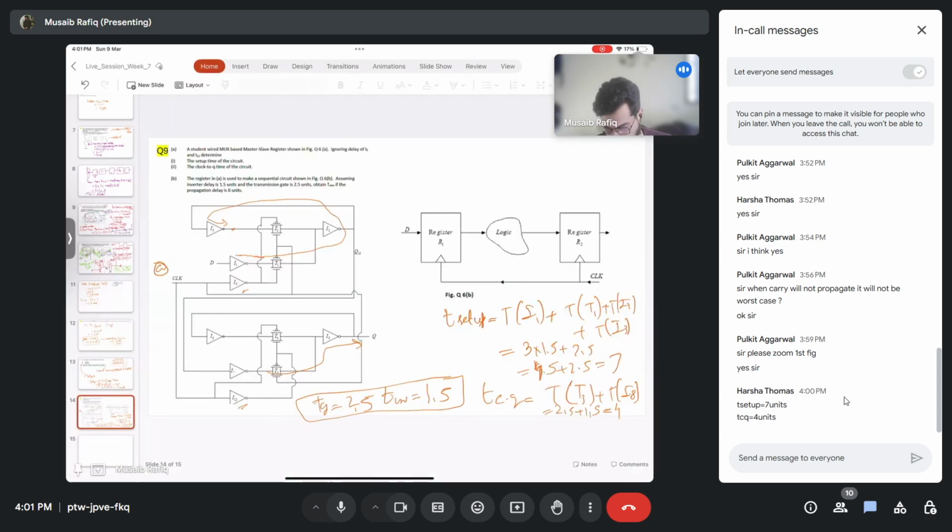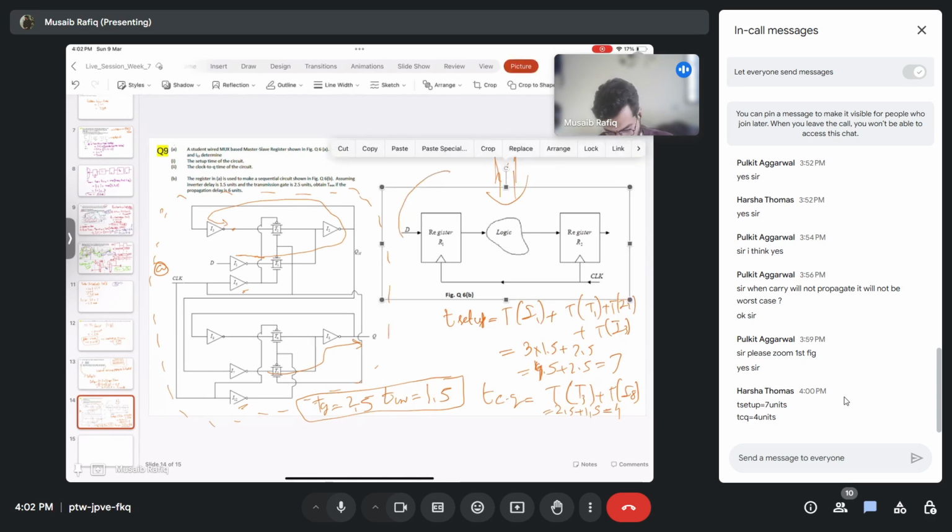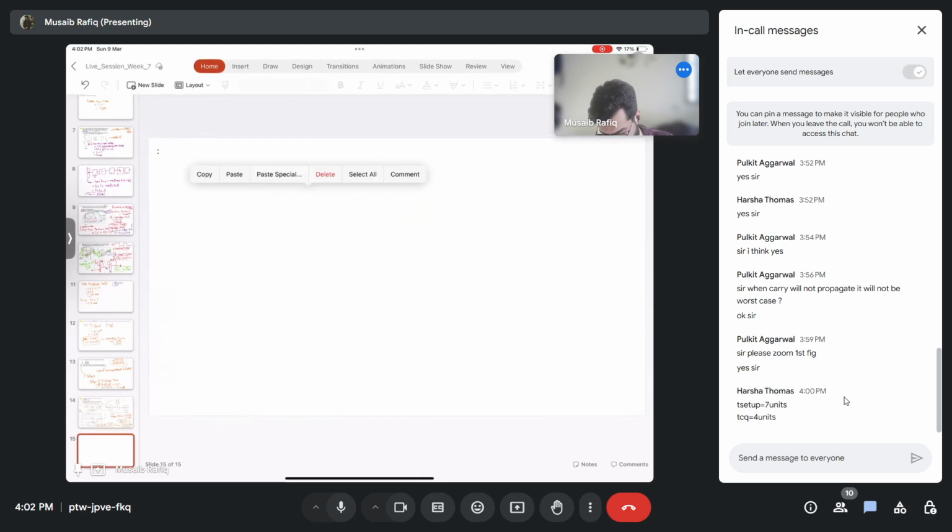Now part B, what does part B say? The register in A, this whole thing is a register, simply used to make a sequential circuit. So here it is used as a register. Now what we have to do is obtain T min of this thing. So copy and paste.